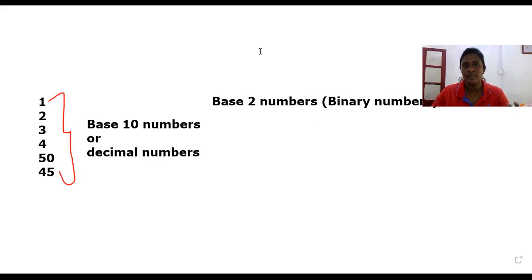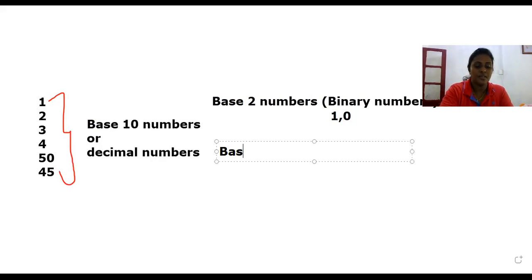If we say base 2 numbers, only the two digits 1 and 0 belong to them. For example, there are also base 3, base 4, base 5 numbers.